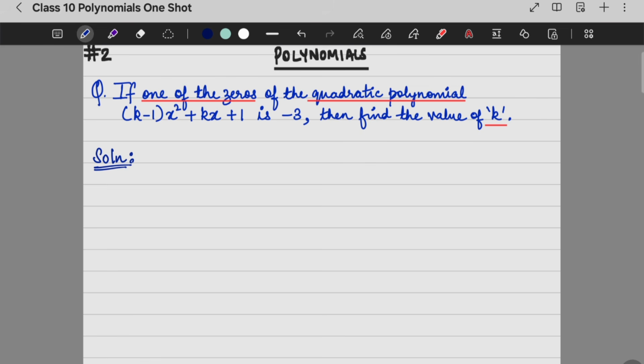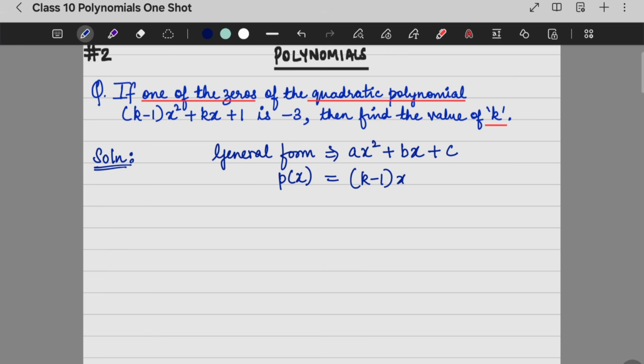Okay, let me write the general form. The general form of a quadratic polynomial is nothing but ax square plus bx plus c. And you are given the polynomial, I am just going to denote it as p of x. It is nothing but (k minus 1) x square plus kx plus 1. This is the given polynomial.